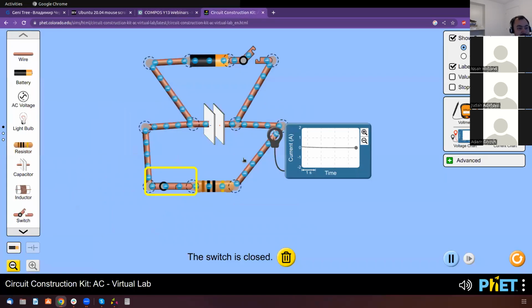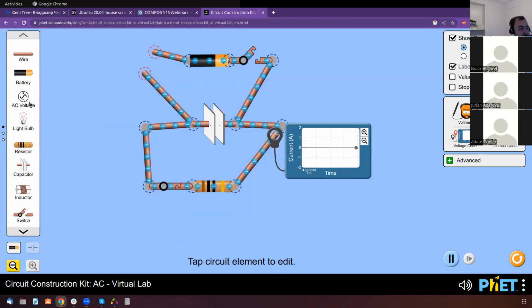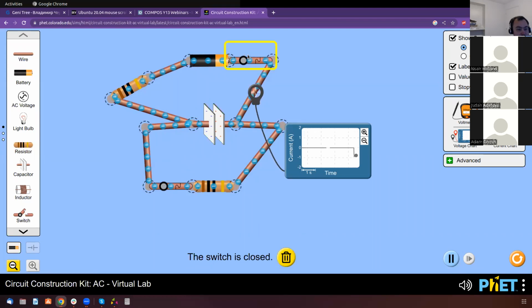And the charging curve is very similar. So you just take a resistor and you put the current here.